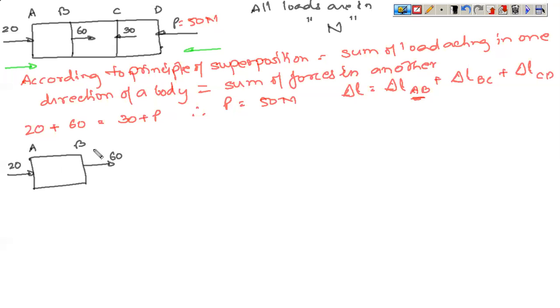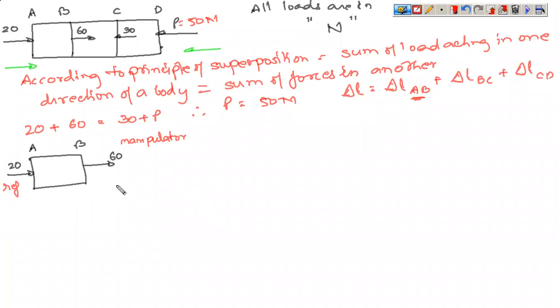So this is your representation of AB. What you need to do is this 20, when you are moving from left to right, the left hand side load will be called the reference and the right hand side load will be called the manipulator.